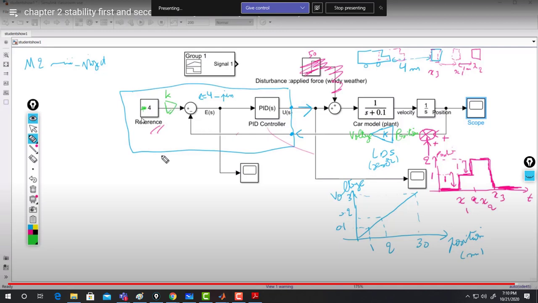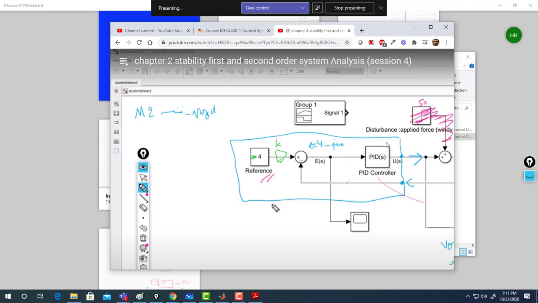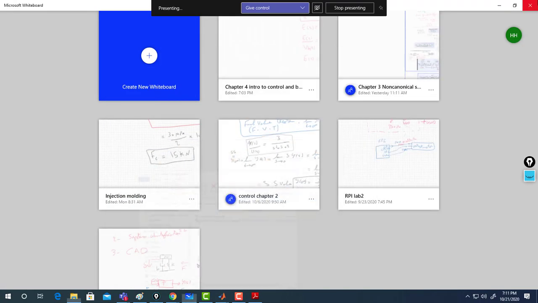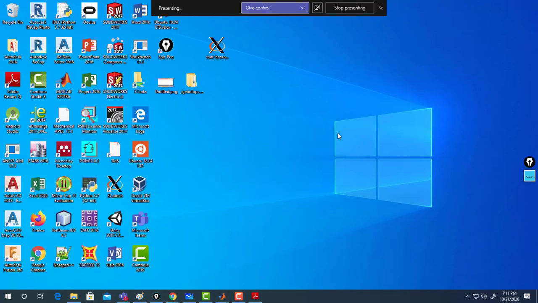Here I'm putting the reference, and I'm multiplying by the sensor dynamic as well. If you want to get this reference, you divide by it. If you are multiplying here, I multiply by the same number here. I multiplied by the sensor dynamic.